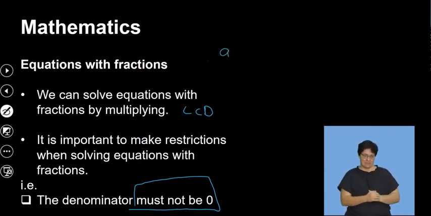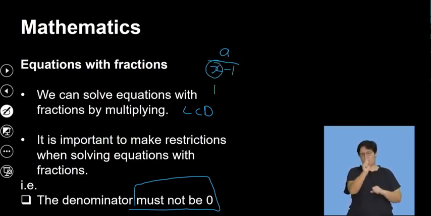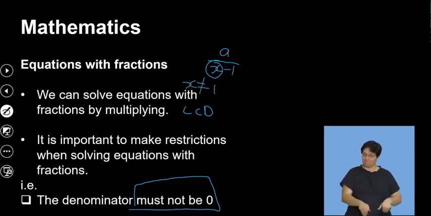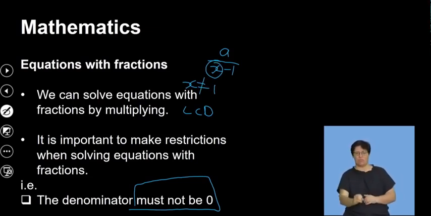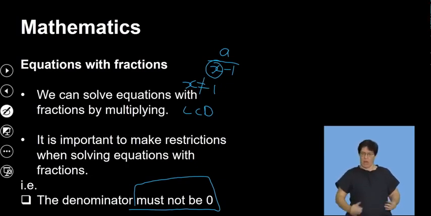If maybe you have a over x minus 1, the x value can never be 1, right? So my restriction is x cannot be equal to 1. Because as soon as x becomes 1, it becomes 1 minus 1, which is 0. And a over 0, unless you can solve it, it will forever be undefined.